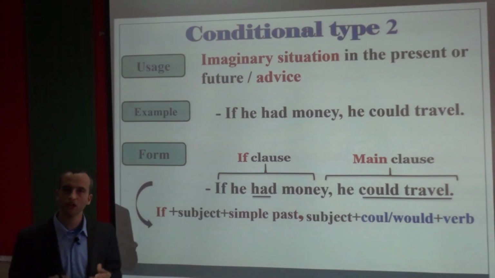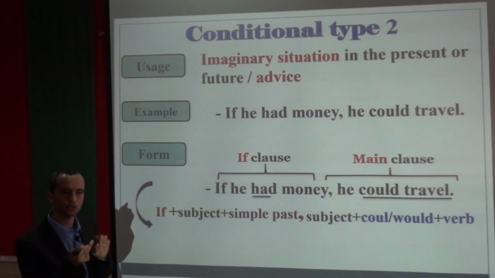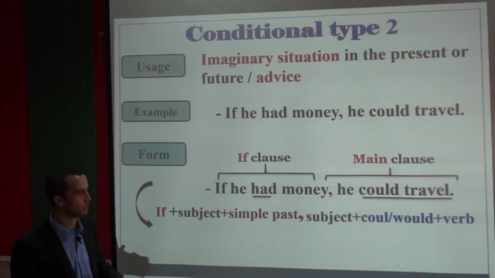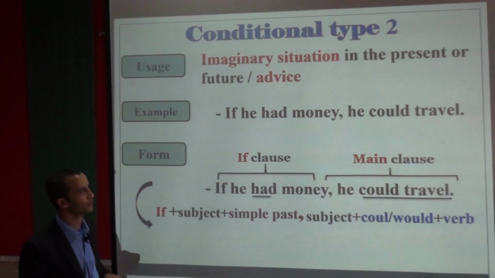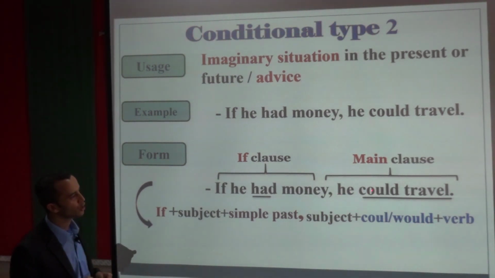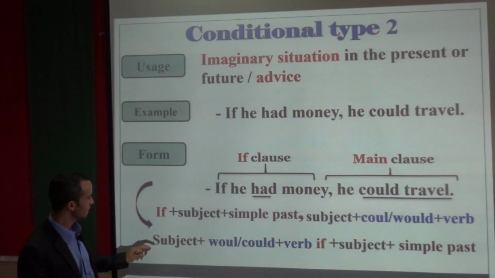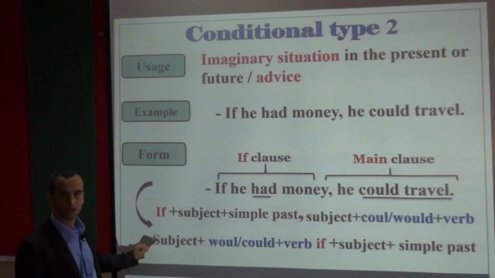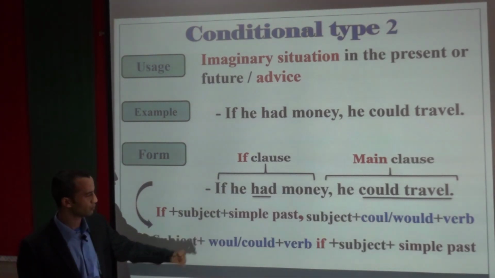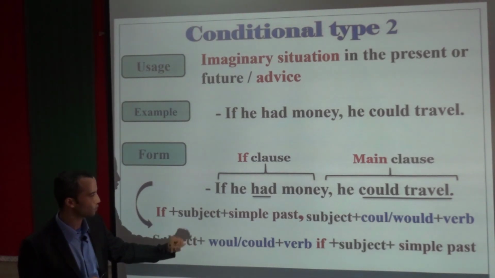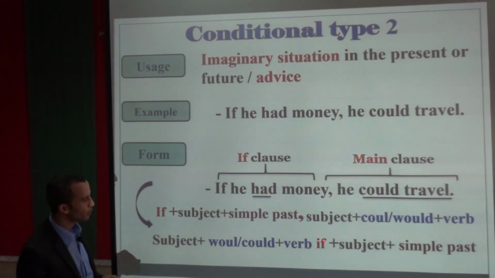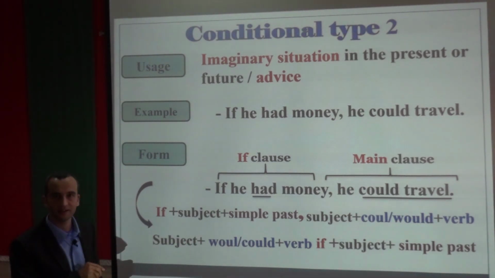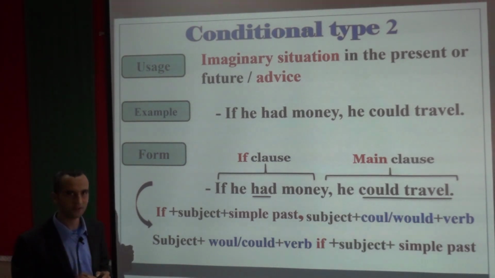Here, dear students, we can also change the position of the clauses, and we say, for example, he could travel if he had money, but be careful. So here, we use the subject plus would or could plus verb, but we do not have a comma, no comma, okay?